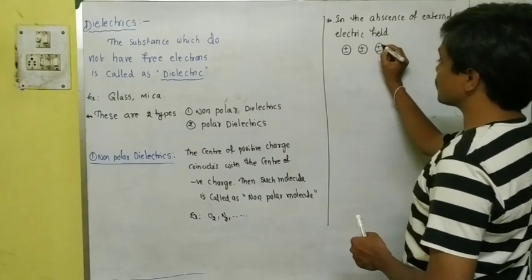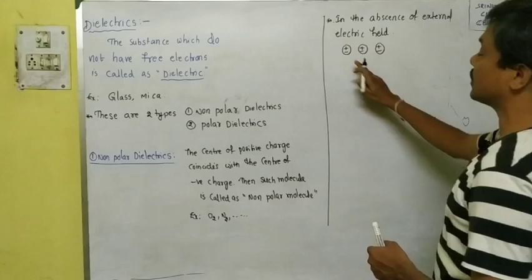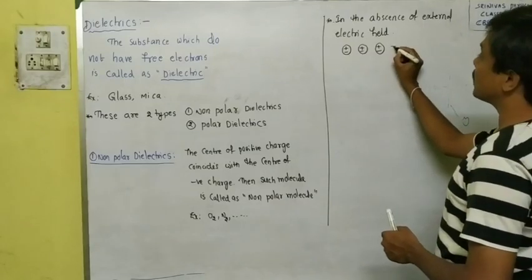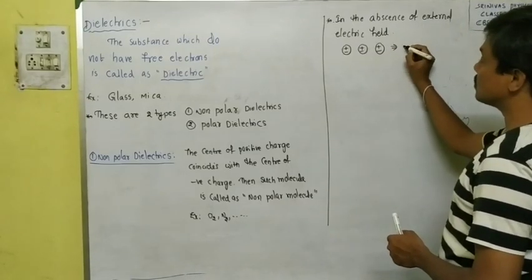When the center of positive charge and the center of negative charge of a molecule coincide, then the dipole moment of the molecule is zero.